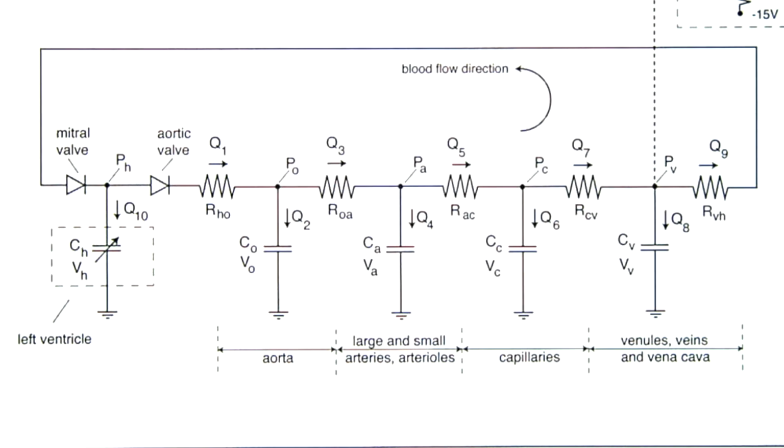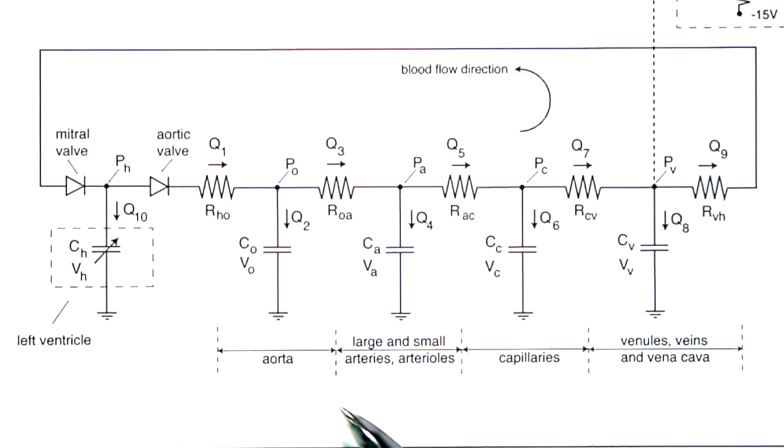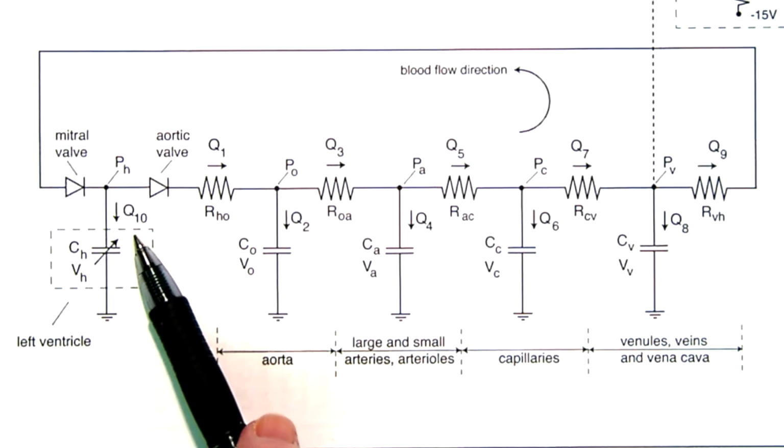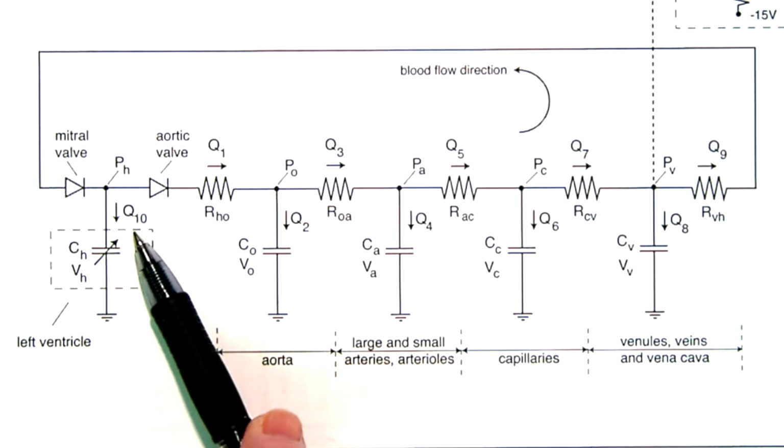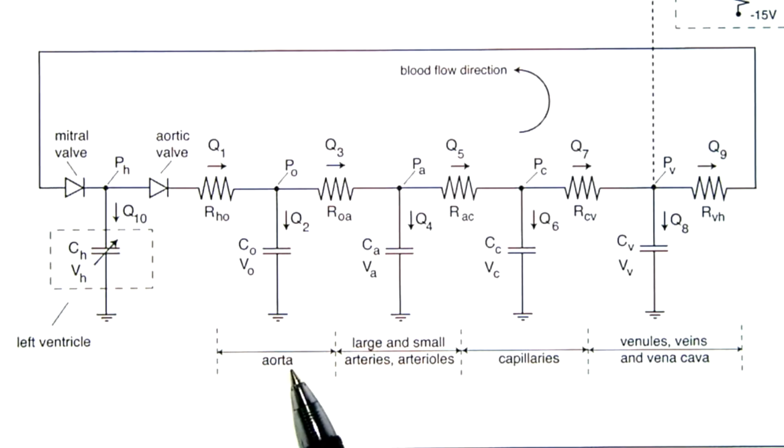Now let's see how this schematic, which is our key schematic for solving the major project, relates to the anatomy. Off here to the left is the left ventricle, the heart, and then followed by the aorta, large and small arteries and arterioles, which are lumped together, and then the capillaries, and then the venules, veins, and vena cava, again lumped together.